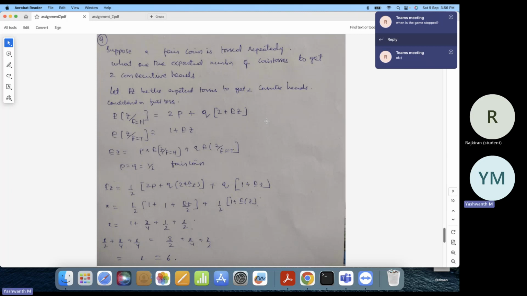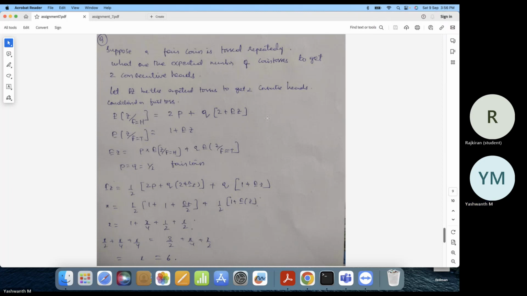Now the question is, on an average, how many tosses do I need to get the two consecutive heads? I mean, on an average, after how many tosses is the game stopped? If you want to put the question another way, right?